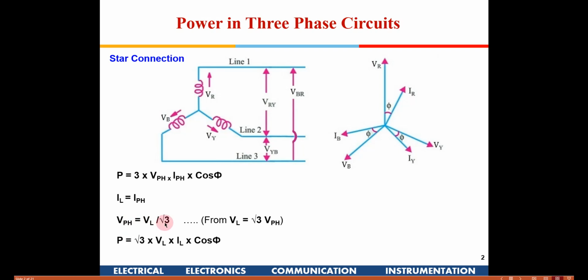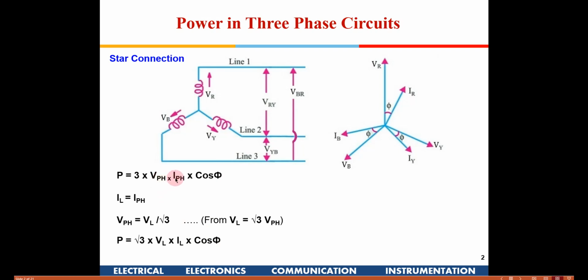So if we substitute V phase here with VL by √3, this 3 is already there and one √3 is in the denominator, so they get cancelled, and I get √3 times VL IL into COSPHI. So these are the two formulas which we need to remember.